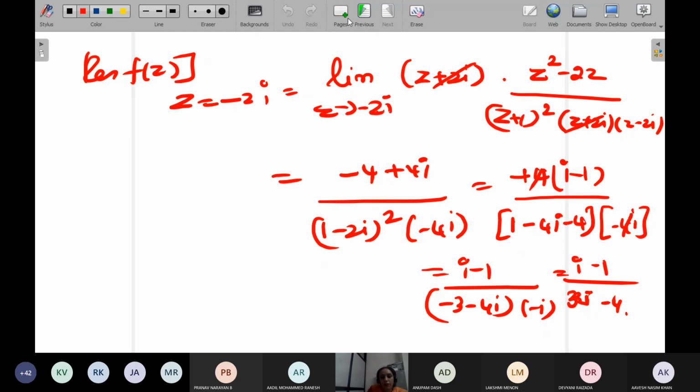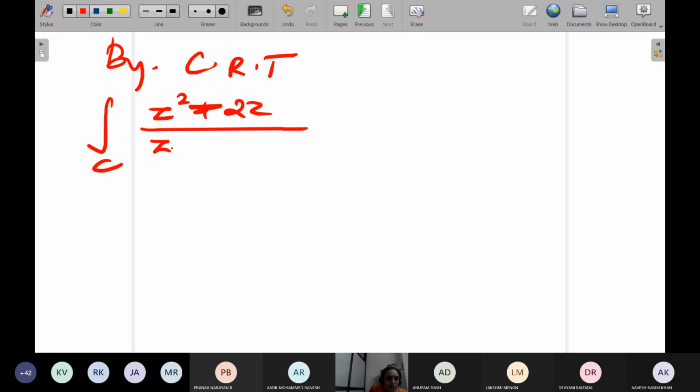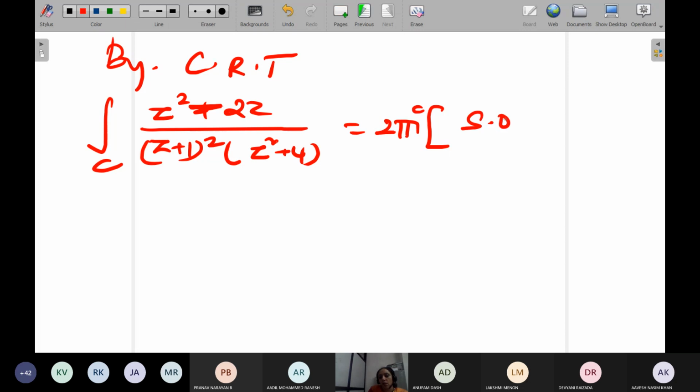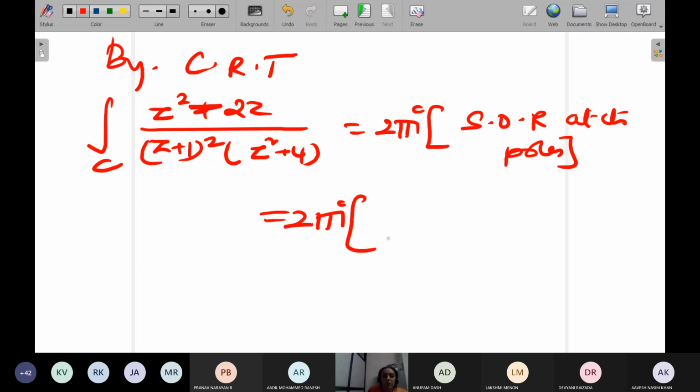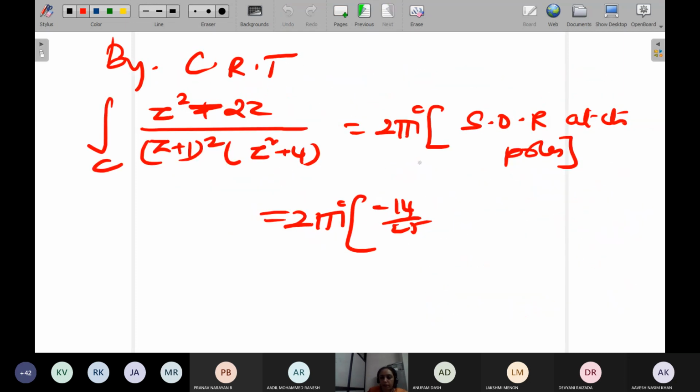Now you have to write it by the Cauchy residue theorem: the integral over C of z square minus 2z divided by z plus 1 the whole square into z square plus 4 is equal to 2 pi i into the sum of the residues at its poles. So 2 pi i into, what is the sum of the residues here? Minus 14 by 25. The second one is 1 plus i divided by 4 plus 3i.